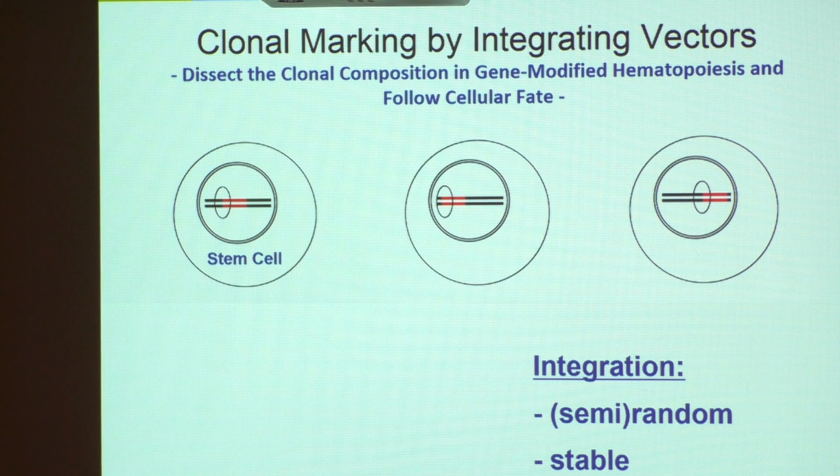The idea behind the clonality analysis or integration site analysis arose in the 80s of the last century. The first gene therapy studies were gene marking studies, really being able to mark any cell of interest, like here shown for a blood stem cell.